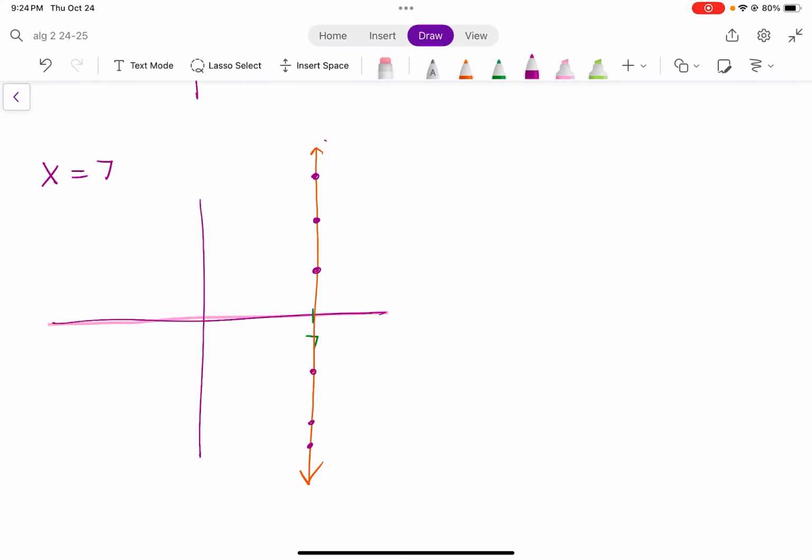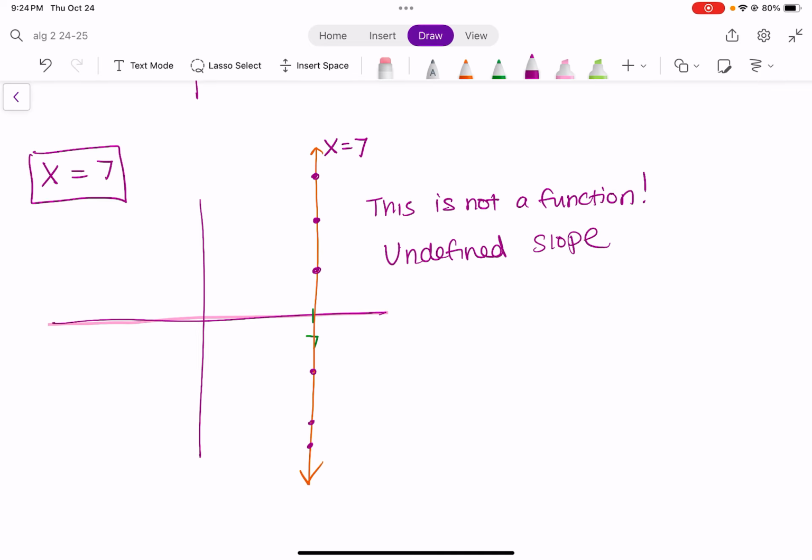So this is a graph of x equals 7. If you notice, this is not a function, because it doesn't pass the vertical line test. It has an undefined slope, which is why instead of y equals, you have x equals 7. Whenever you have x equals, it's always going to be a vertical line.